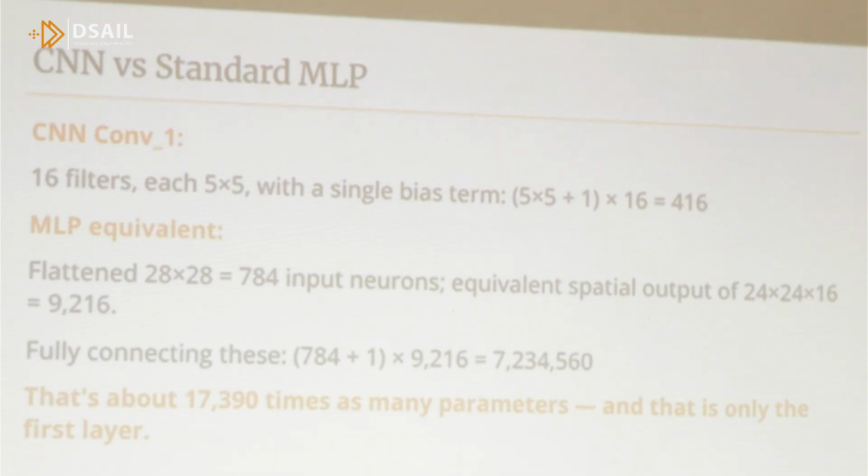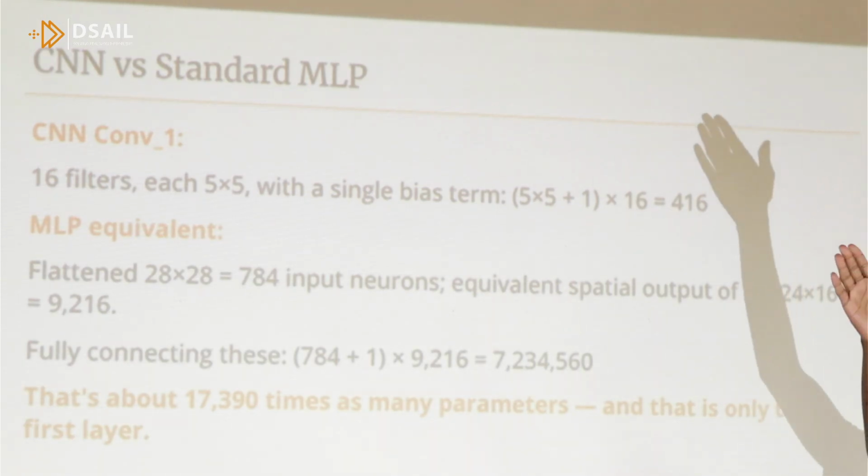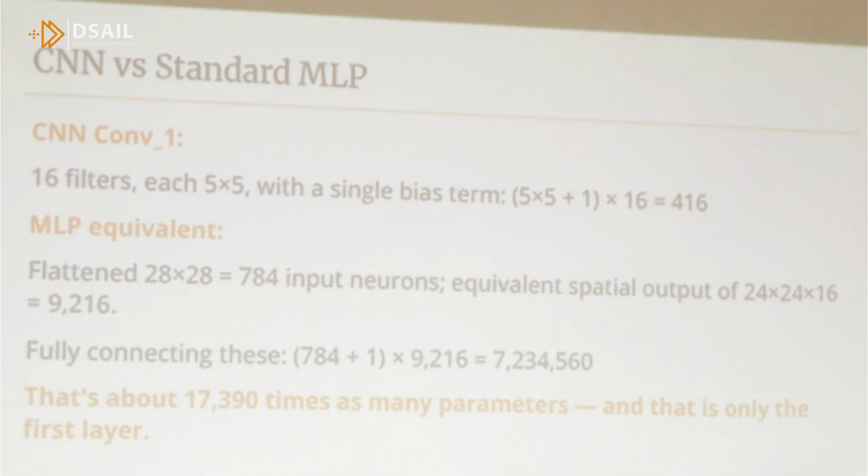So an MLP, when it has 28 by 28, 784 of them, and then does 24 by 24 by 16, that 9,000, what it's trying to do is learn the image exactly, where things are in that image. Look at that point. But what a CNN is doing is not learning where things are in the image, but learning how to detect that thing in the image.